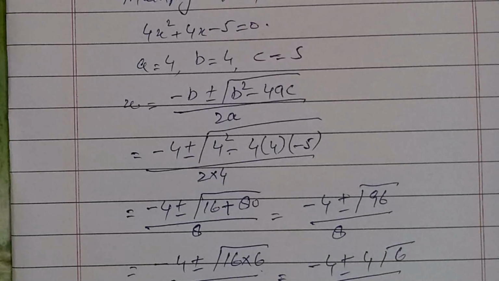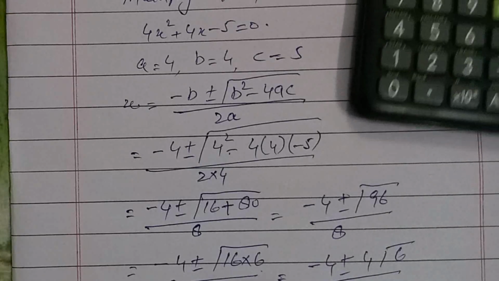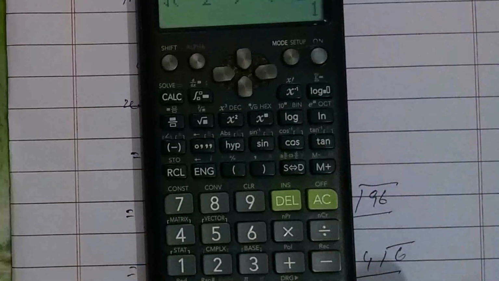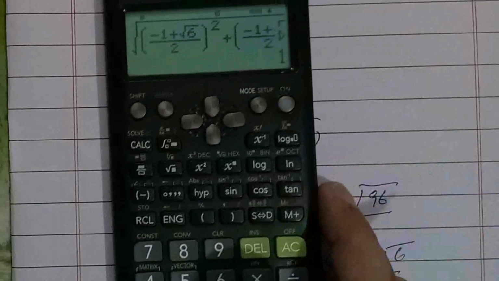Minus 1 plus minus square root 6 over 2. And this value of x we put in the question and check that the values are not possible when we solve it.